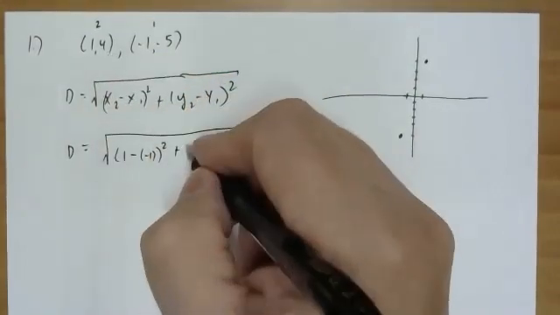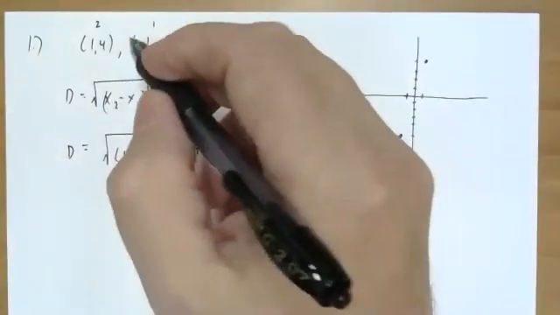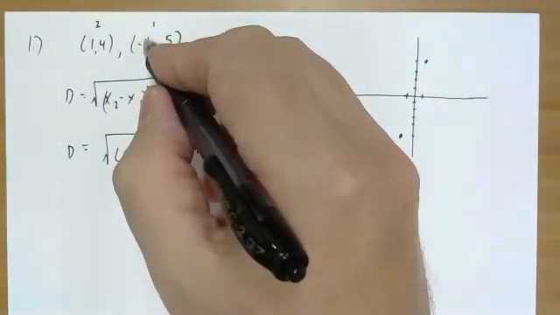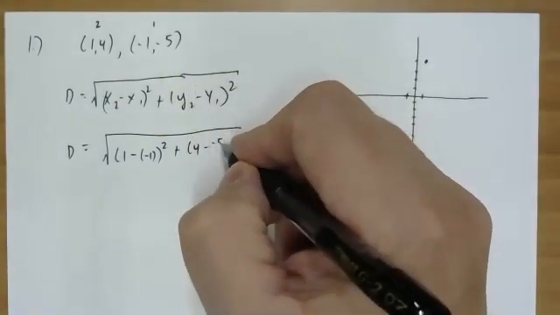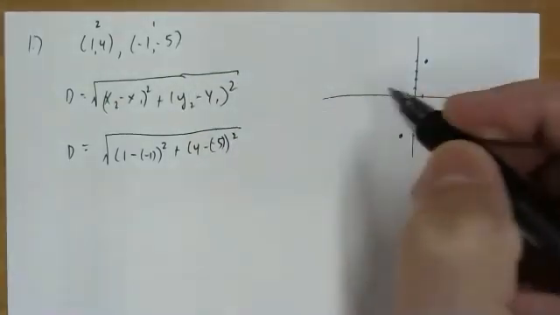Y of my second point, which is 4, minus y of my first point, which is -5, squared.